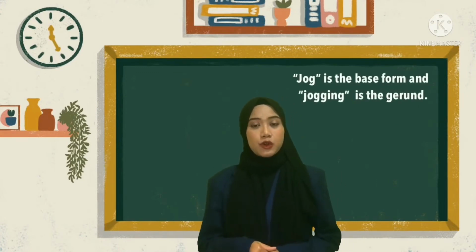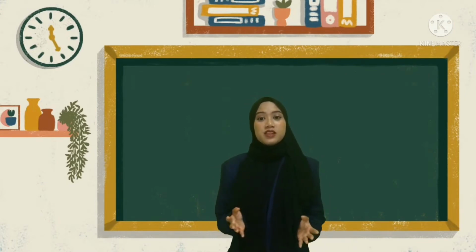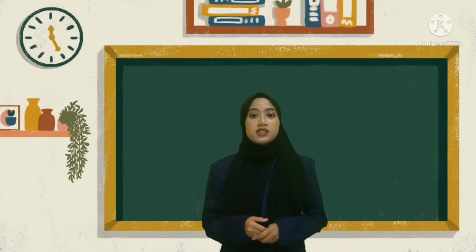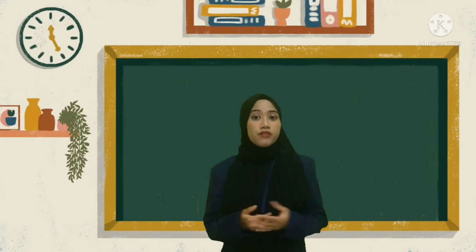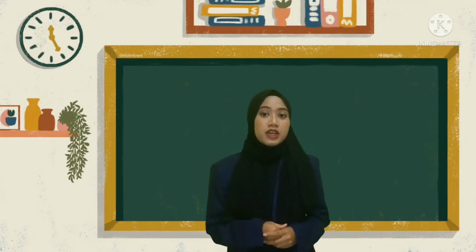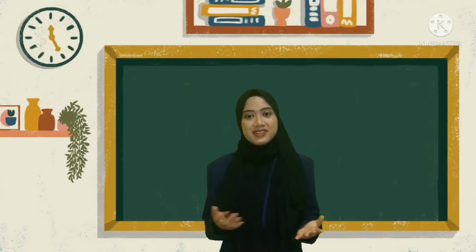Jog is the base form and jogging is the gerund. Obviously, the reason why this is confusing is because this looks like the continuous form of the verb, right? So, to recognize the gerund, you need to pay attention to how it's used in a sentence.